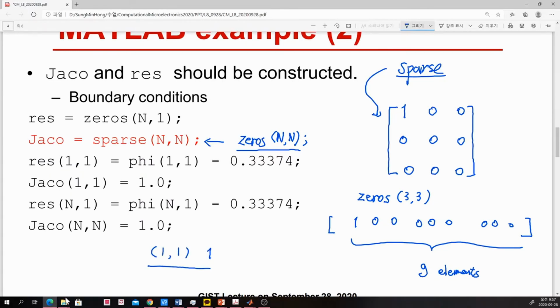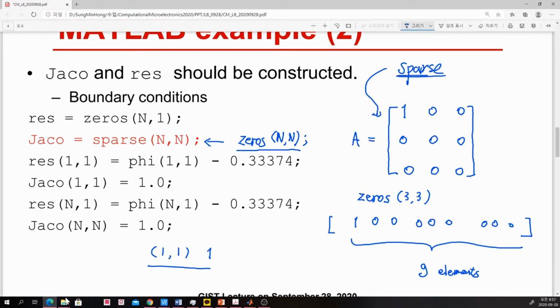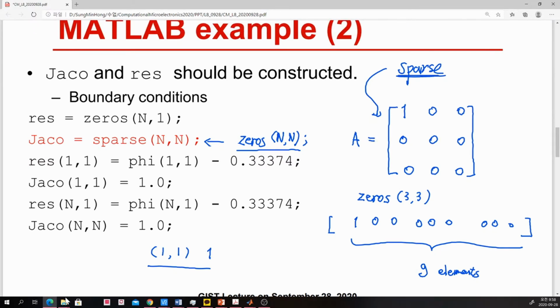This is enough for specifying this entire matrix. So if we have a really sparse matrix, then instead of specifying all of its elements, just specifying the components which are not 0 is more efficient to memorize it. That is the situation.